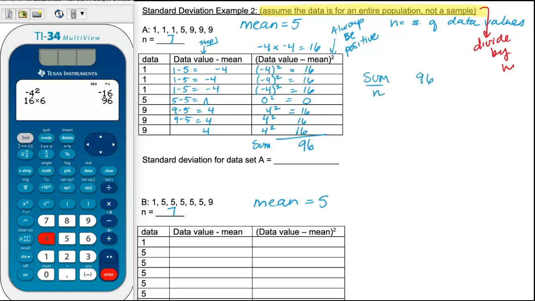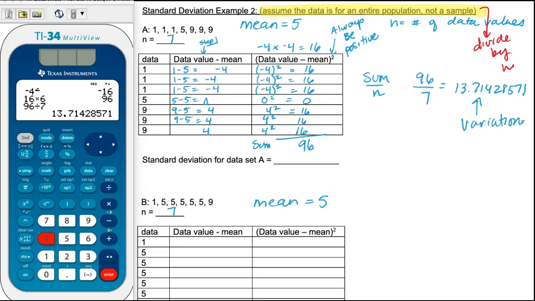So 96 divided by 7, and I end up getting 13.7 and a little bit extra. So I'm just going to write down that whole number: 13.7142857..., and that's what we consider the variation. So this is the variation.